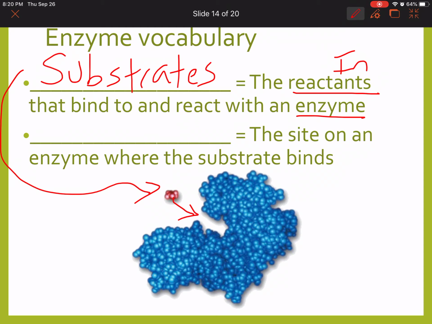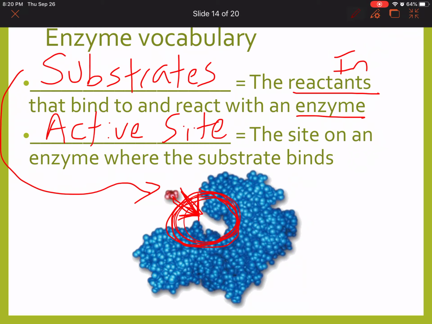I don't know what it's going to do, but it is going to change it. Notice this kind of like hole or indentation in the enzyme. It's the perfect spot for that substrate to fit. That means it is the active site. The active site of an enzyme is where the reaction happens, where the substrate binds, and where the magic occurs. Right? 2 good words to know.